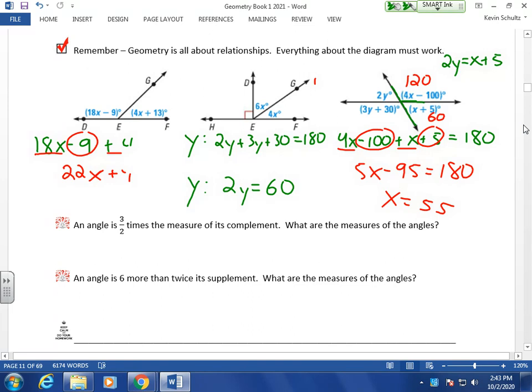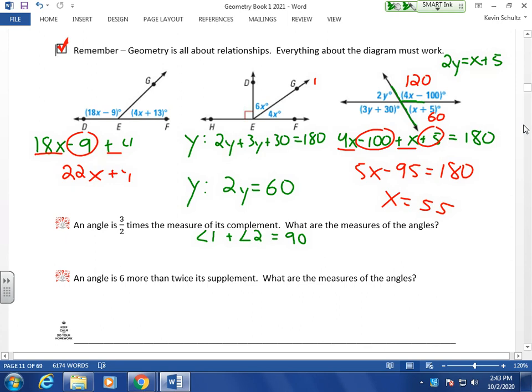Okay, so we know that angle 1 plus angle 2 equals 90. And we know that because we've got that complement there, right? Complementary angles equal 90 degrees. One of those angles is 3/2 times the measure of the other one.